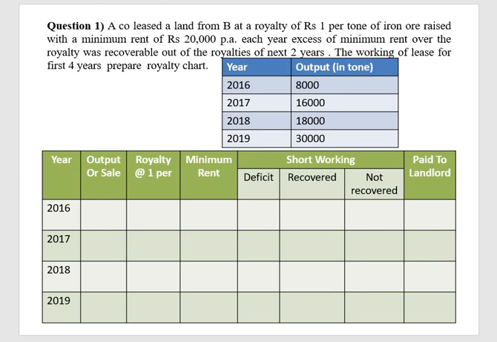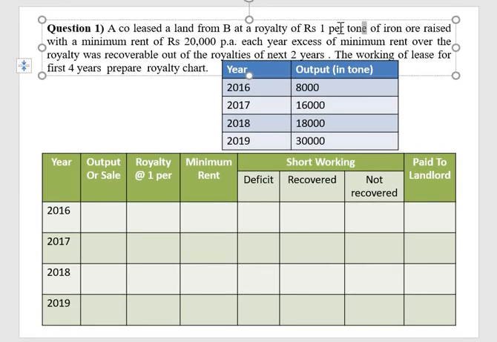A company leased a land from B. That means A is the lessee and B is the lessor, because A is taking the right from B, and B is giving the land to A. A company leased a land from B at a royalty of 1 rupee per ton. Is it clear?